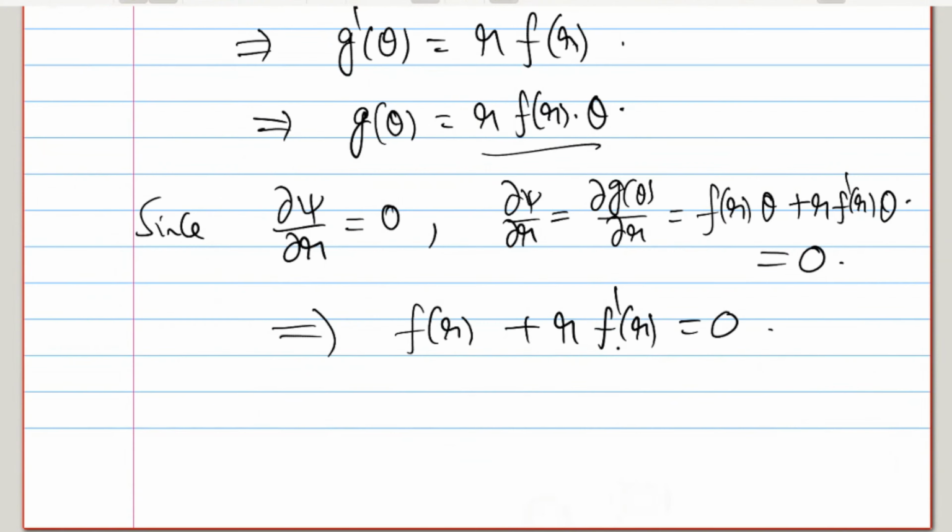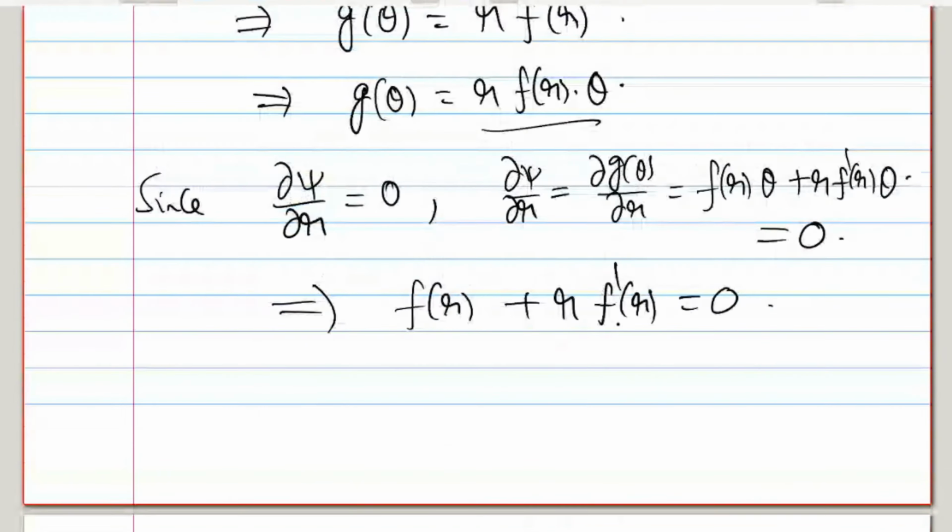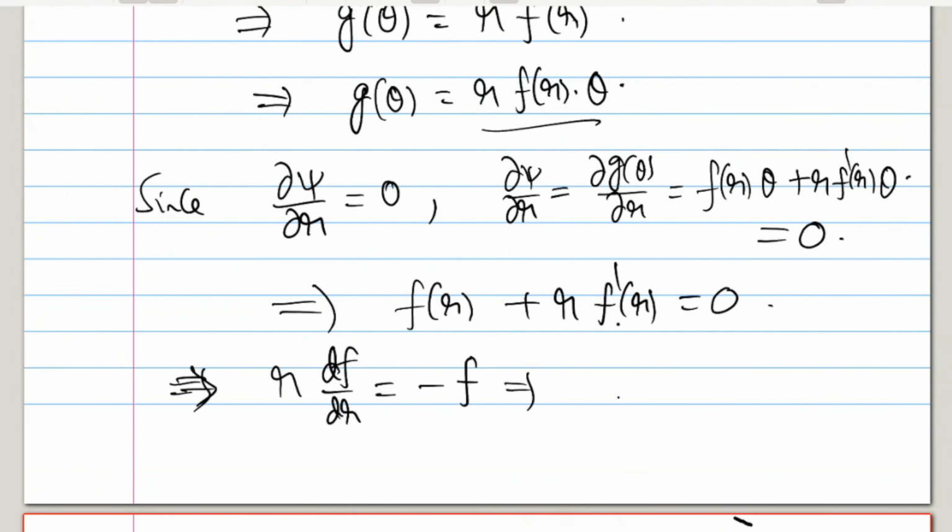Okay, let's do it slowly. You calculate. So here r into df by dr equal to minus f. So you'll get df by f equal to minus dr by r.